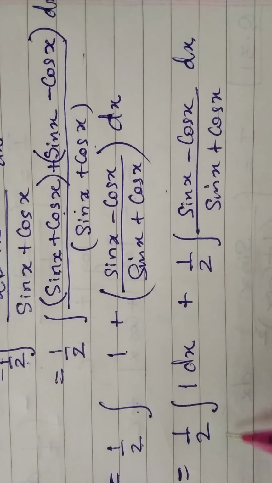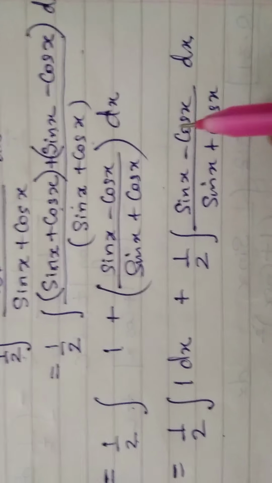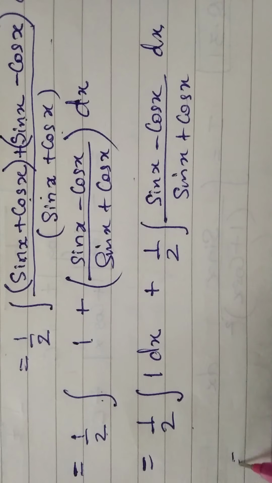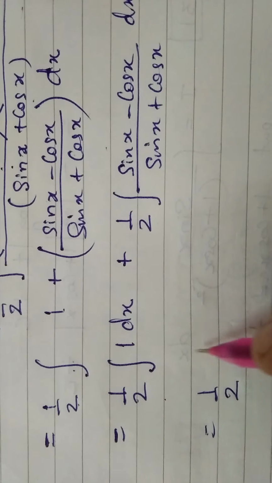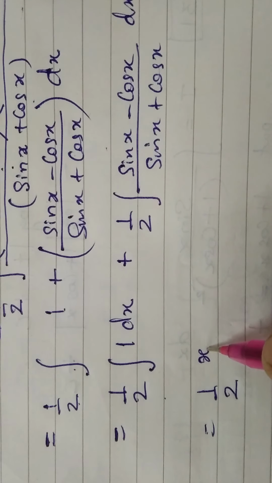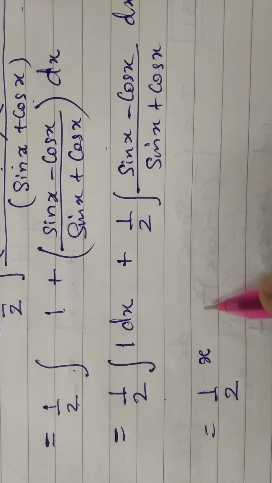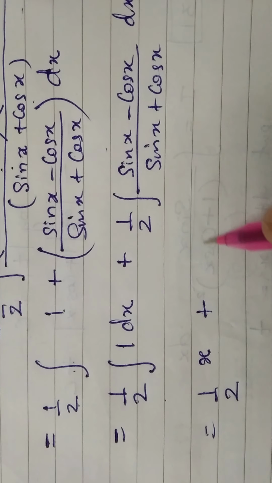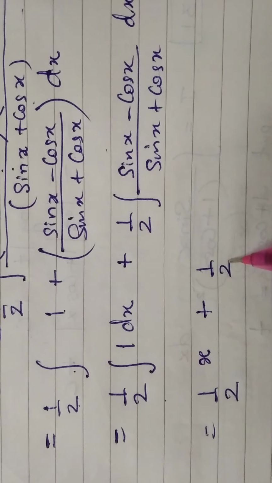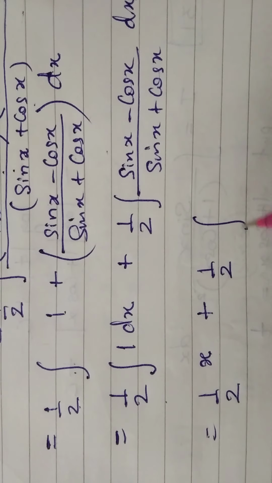So I have here 1/2 and 1 dx and plus 1/2 and this. Now this 1/2 is a constant. So integral 1, I know integral 1 is going to be x. So I finished my integration over here, and plus now this 1/2 as it is, and integral.